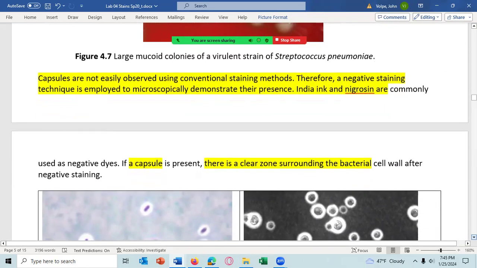All right, capsules are not easily observed when using conventional staining methods. For example, the steps of the Gram stain will wash away the capsule from the rest of the bacterium.